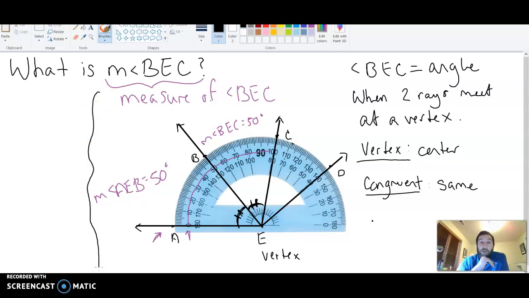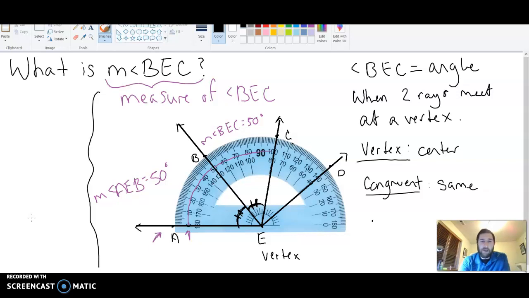In order to use our equations, what we're really identifying is that we want to do some subtraction to find the size of our angle, to find the measure of our angle. And so what we're really looking for then is the difference, and difference means subtraction.